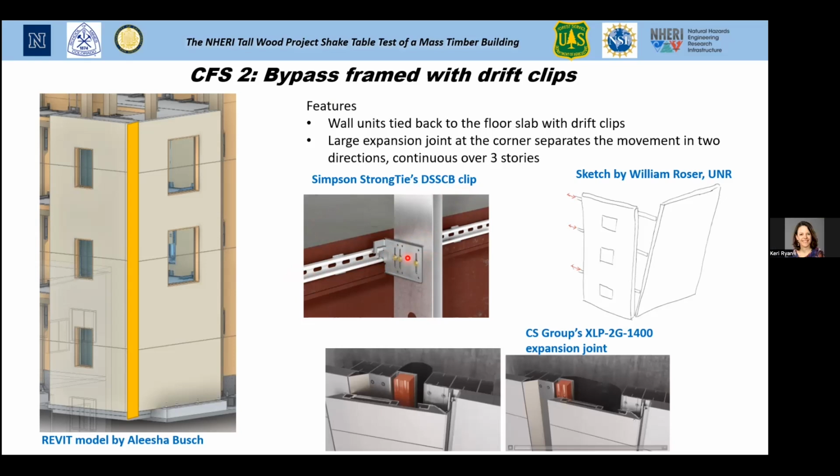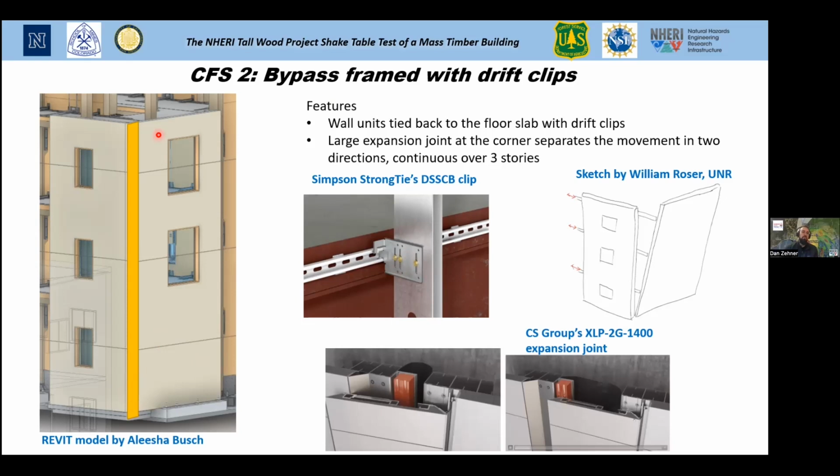Correct. So on this one, we designed three stories bypass framed. Which is a lot, because the expected movement over three stories is about 10 inches. Wow.